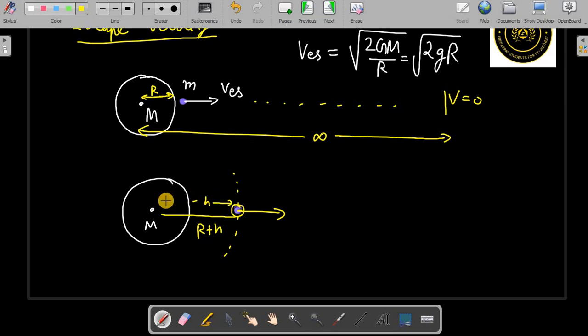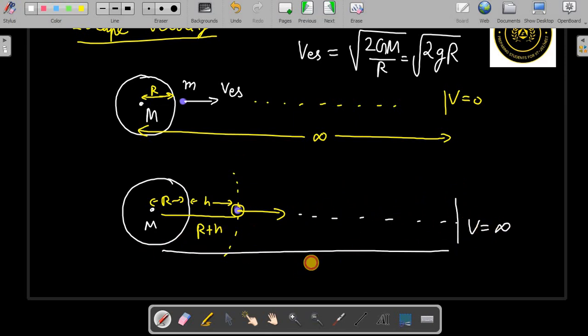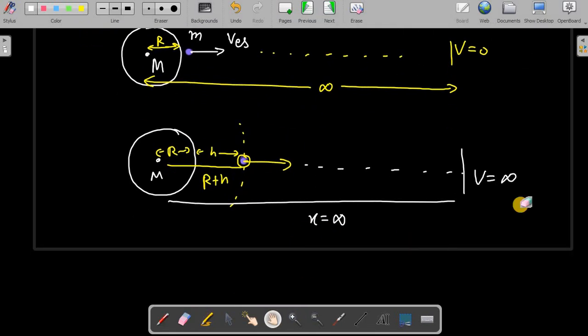Applying energy conservation, the final condition has to be the same: when it reaches infinite distance, the velocity becomes 0. So there is no total energy finally, and the initial energy has to become 0.